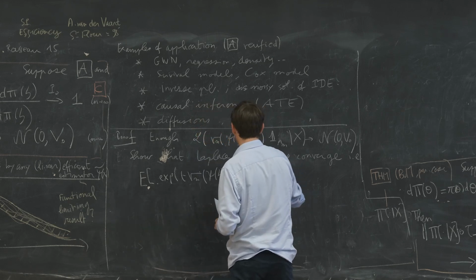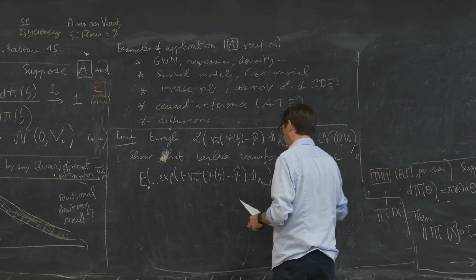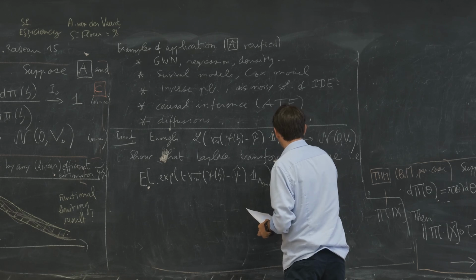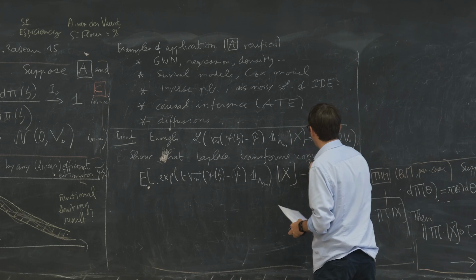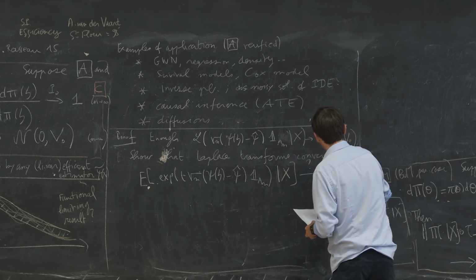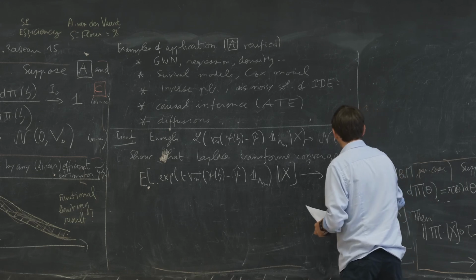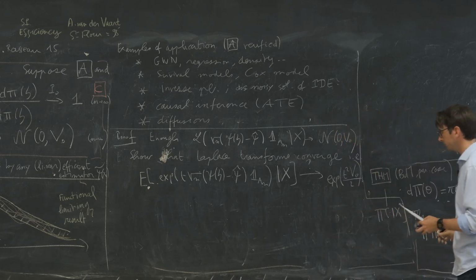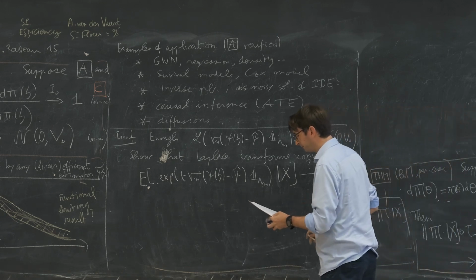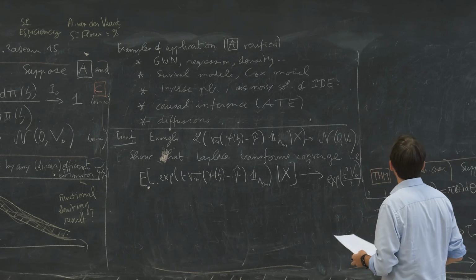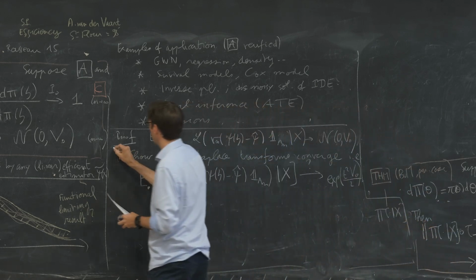Here I have my indicator of A_n, which in a second I'll pull outside the exponential, given x. We want to prove that this goes to the exponential, so the Laplace transform of the Gaussian, t squared v_0 over 2. Okay, so when doing the proof here, I'll assume that I'm in dimension 1.